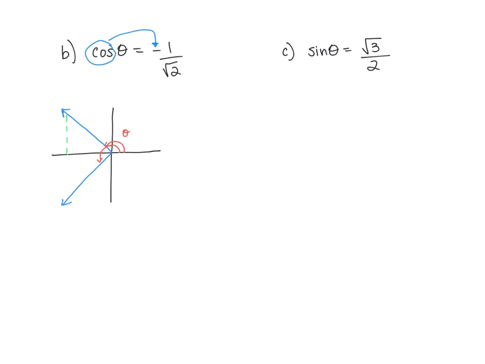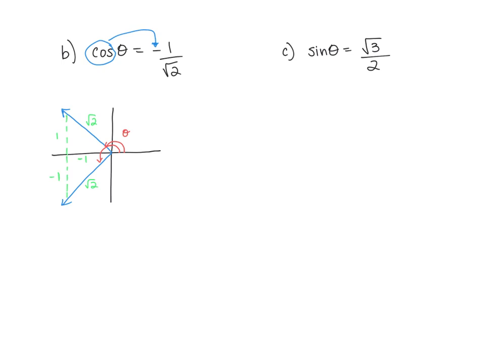So I'm going to use my related acute angle. I know my adjacent side is negative, which is why we have our terminal arms located where we do. Our adjacent side is a negative, and our hypotenuse is a root 2. I can label the rest of that triangle, but I don't have to.